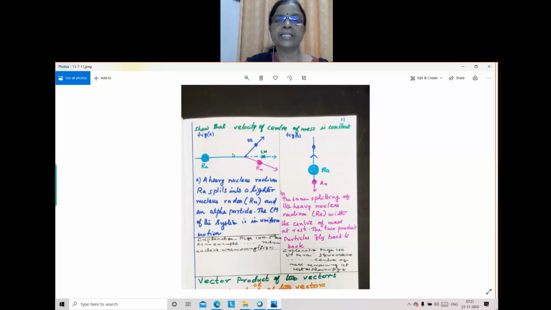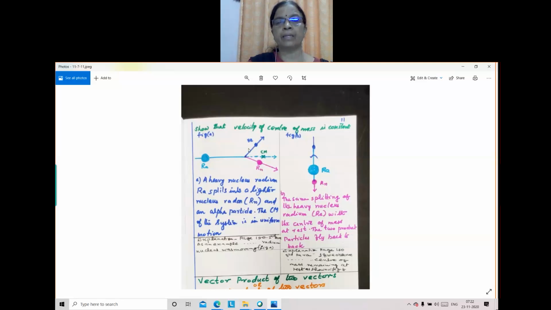So here we are discussing the motion of the body along a straight line in uniform velocity, and no external force is acting on the body. In between, due to the internal force, the decay process, it changes into another element, radon, and one radiation is emitted from it.